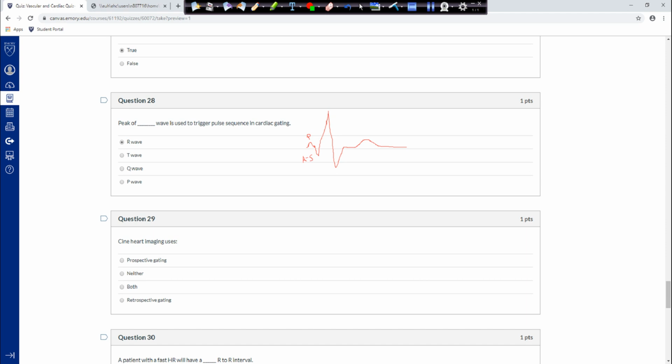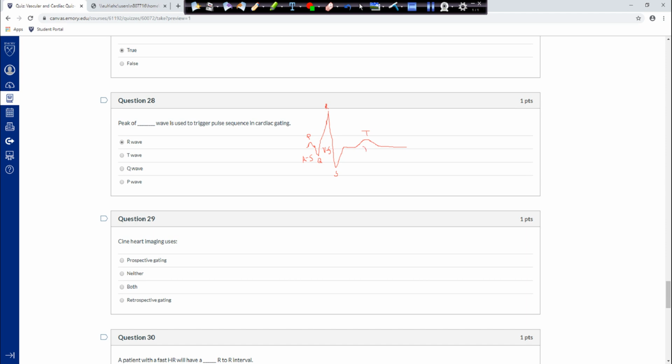And then we get the big wave, which is our Q, R, S, and that is dealing with our ventricle contraction. And then our next wave, which is our T wave, we don't have any more contraction of the heart because we contracted the atria and the ventricles.